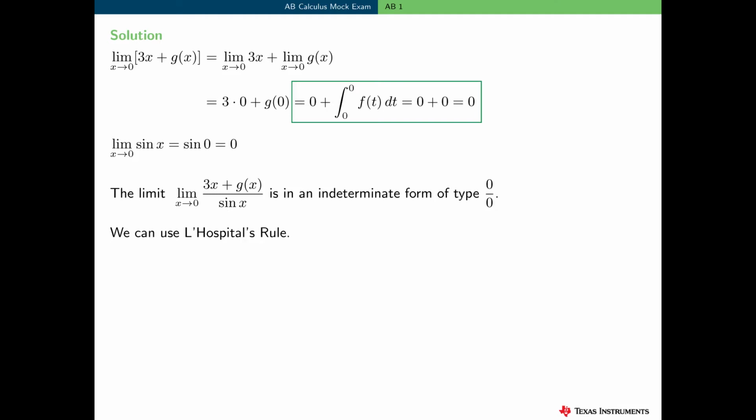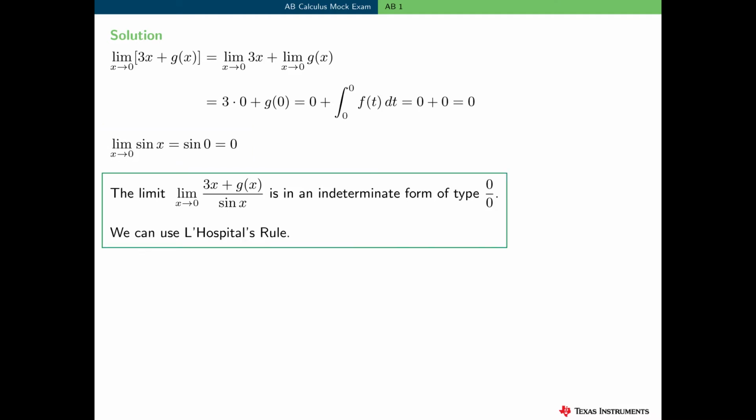So the limit of the numerator is 0. The limit of the denominator is the limit as x goes to 0 of sine x, which is sine of 0, which is also 0. So the original limit is indeed in an indeterminate form of type 0 over 0, and we can use L'Hopital's Rule.